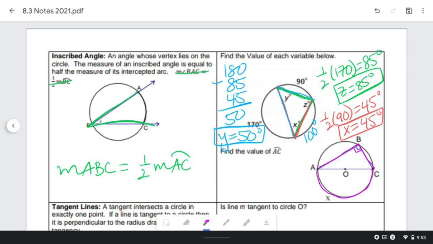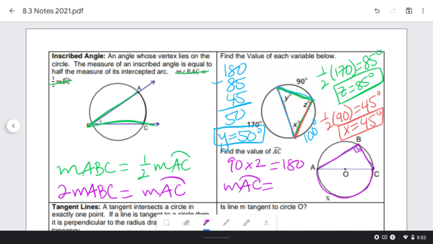If we go backwards from here, you multiply both sides by 2, and that'll be backwards. So we have 90 degrees times 2 is 180, and the measure of AC is 180.